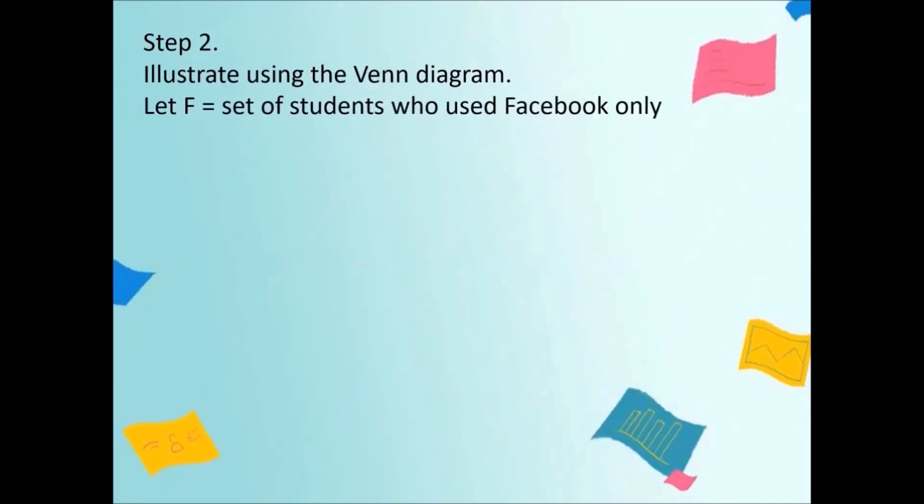So, let F be the set of students who use Facebook only. Yung lamang Facebook ang ginagamit niya, hindi siya gumagamit ng Twitter. Then, T, the set of students who use Twitter only. So, gumagamit lang siya ng Twitter, hindi siya gumagamit ng Facebook.